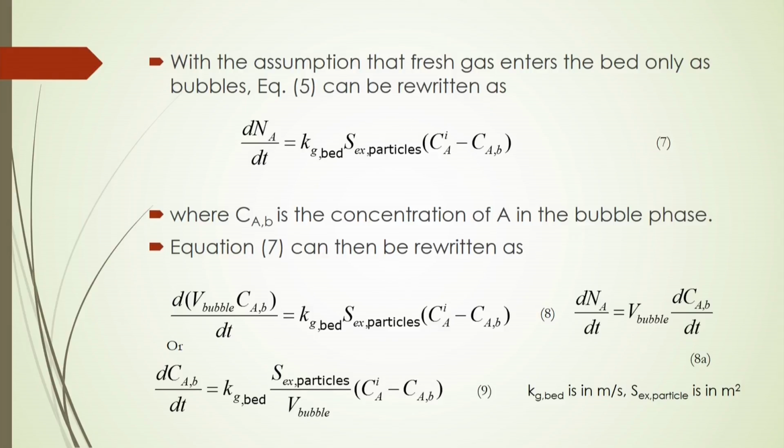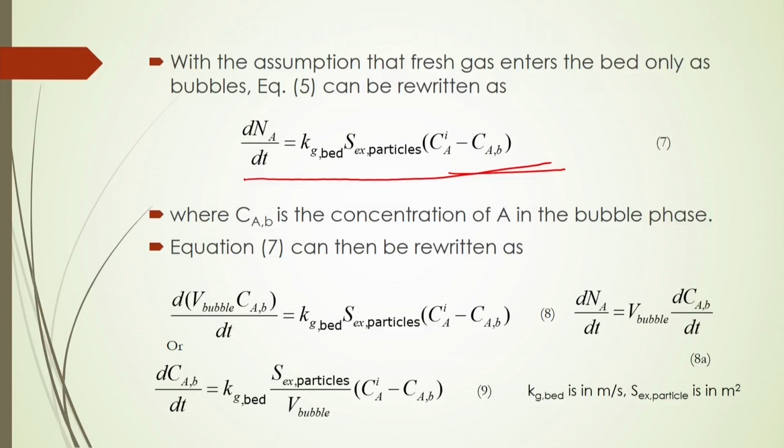With the assumption that fresh gas enters the bed only as bubbles, equation 5 can be rewritten as dNA by dt equal to Kg times bed times the particle surface area times Ci minus CA,B. Now, CA,B is the concentration of component A in the bubble phase.